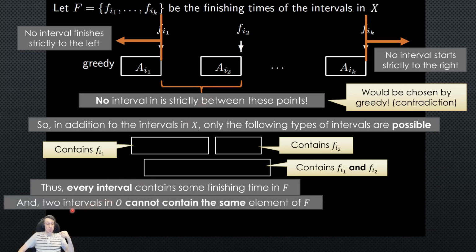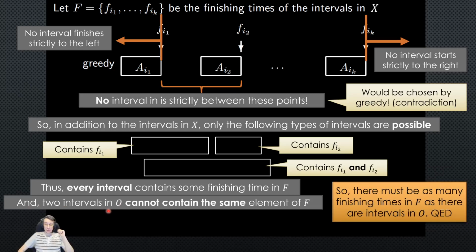Moreover, no 2 intervals in O can contain the same finishing time. If 2 intervals that are chosen by an optimal solution contain the same finishing time, that means they overlap at that point, containing that finishing time. So you can't have 2 intervals that contain the same finishing time.